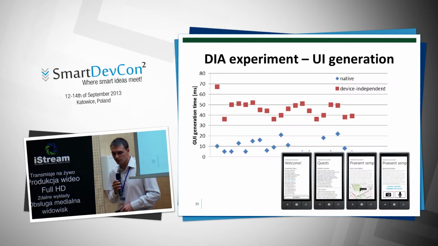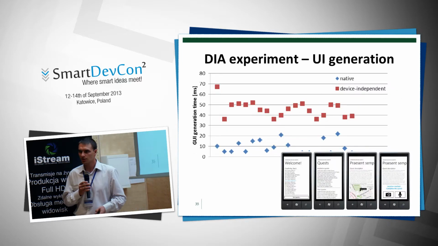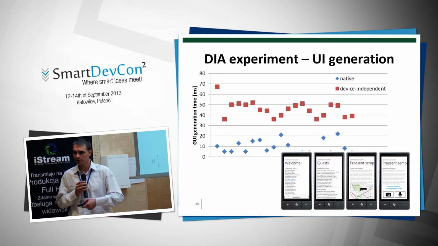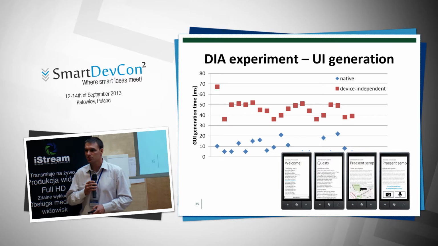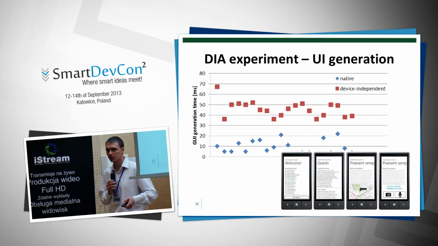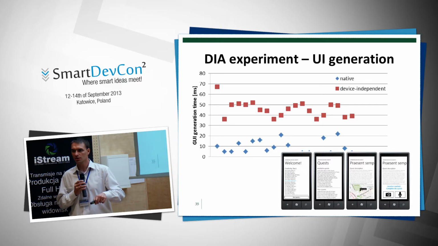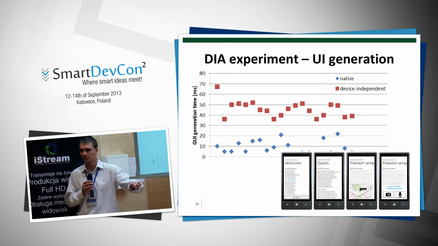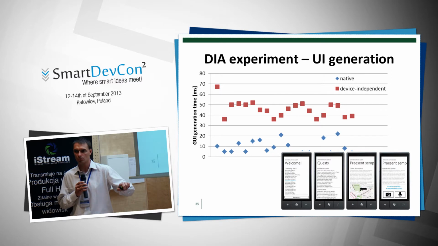We also do some experiments on different aspects of the architecture. For example, we did an experiment with the user interface generation where we compared a Windows Phone application generated natively and the same application but implemented according to device-independent architecture, which means that the whole application was on the server side and the user interface generation was on the server side.